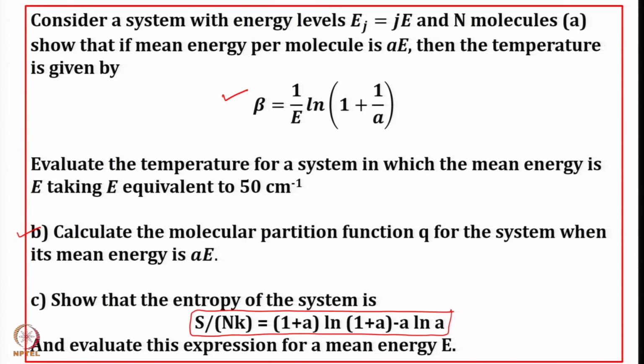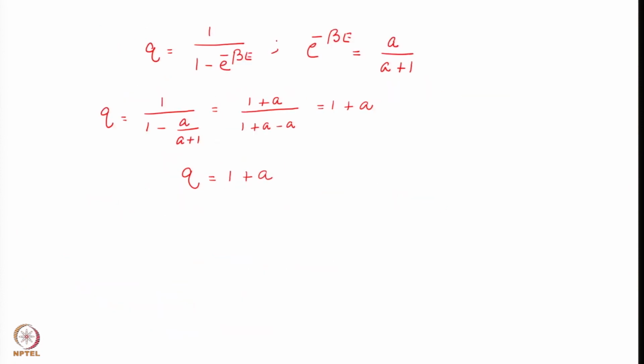We know that relation, and that relation is S is equal to U minus U0 by T plus k log Q. Let us apply it to independent molecules. That means Q is equal to q raised to the power N. We will apply to distinguishable molecules.